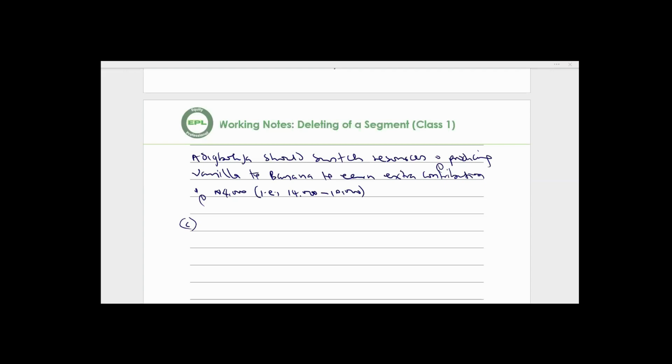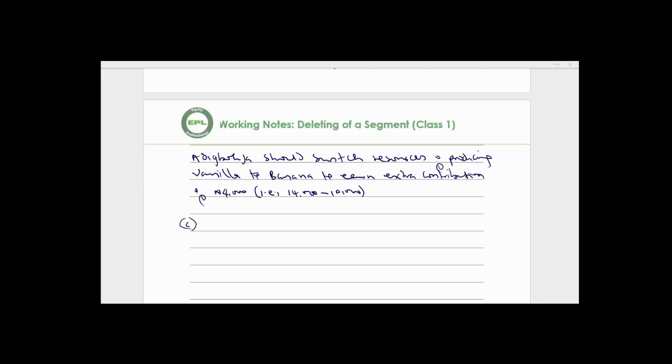One more important factor is, to what extent would dropping the sale of vanilla affect workers' morale? The company will need to consider the impact of dropping the sale of vanilla on workers' morale.